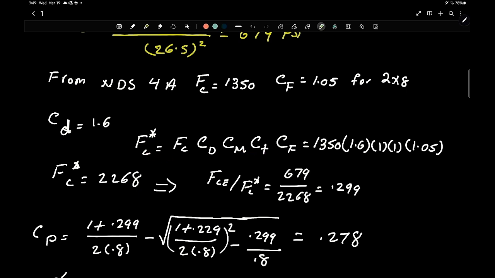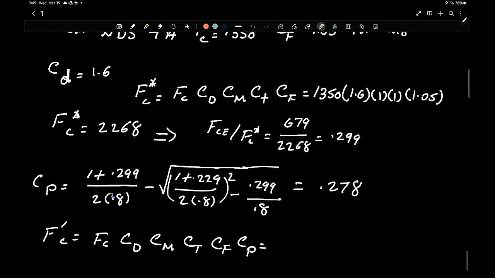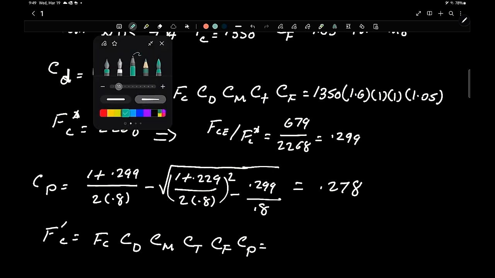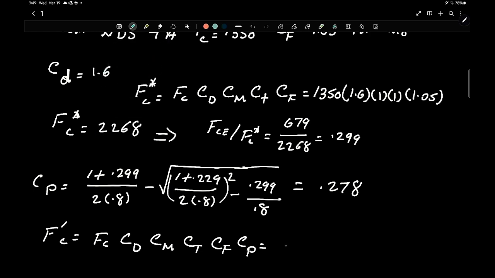And this is the equation for F star C without the CP. We multiply those, then we can calculate the CP. Once we calculate the CP, we can go ahead and do the F prime C. So that's what I got here, and that's going to equal 1350 times 1.6 times 1 times 1 times 1.05, and then times 0.278.